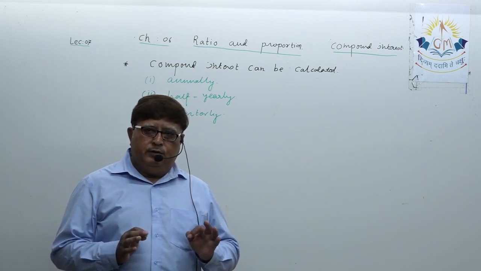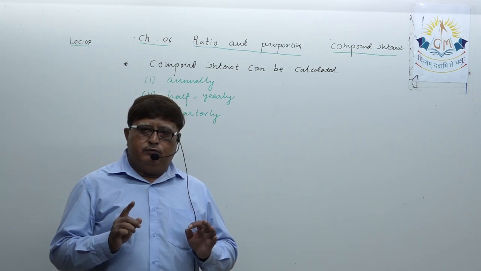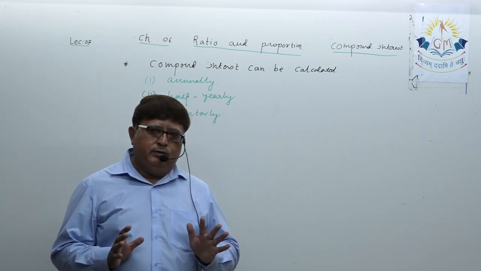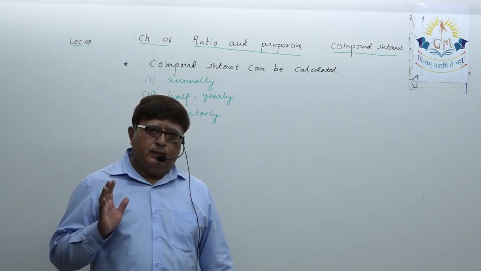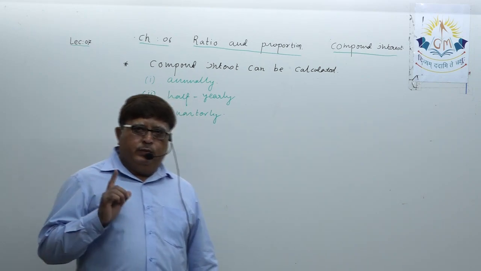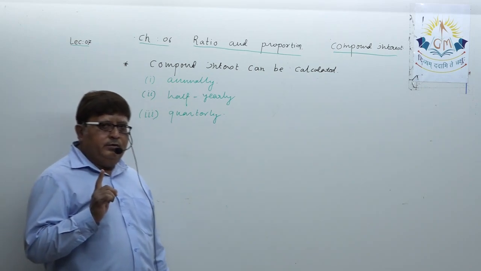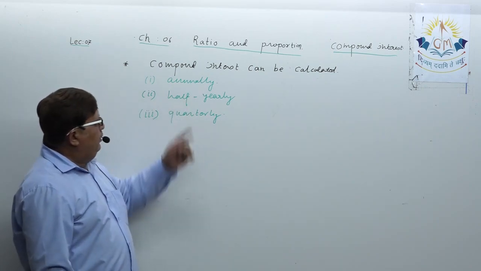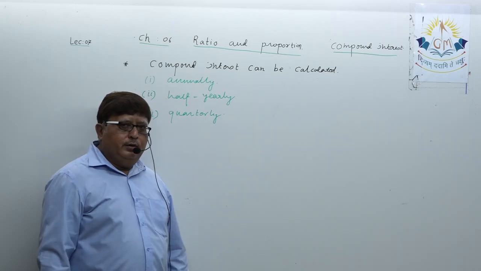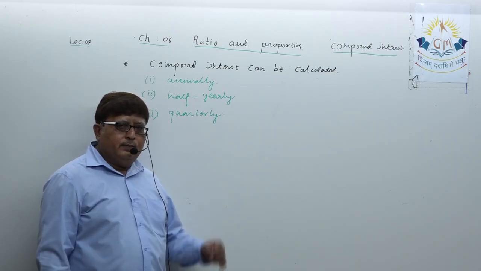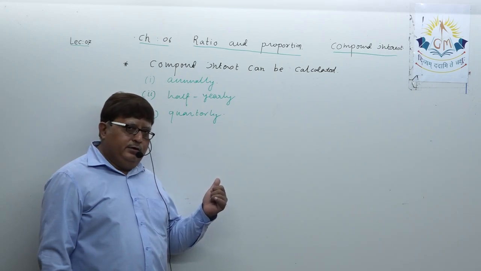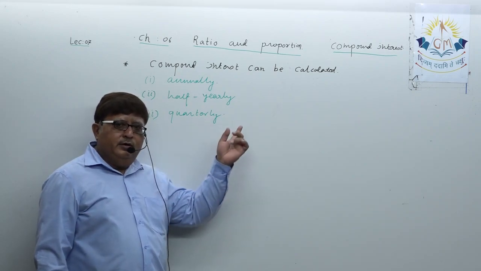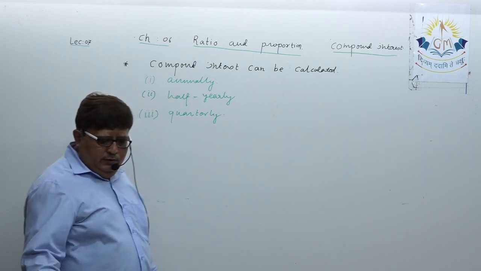Simple interest is always counted annually only. Compound interest can be counted either annually, half yearly, or quarterly. You can understand this word.